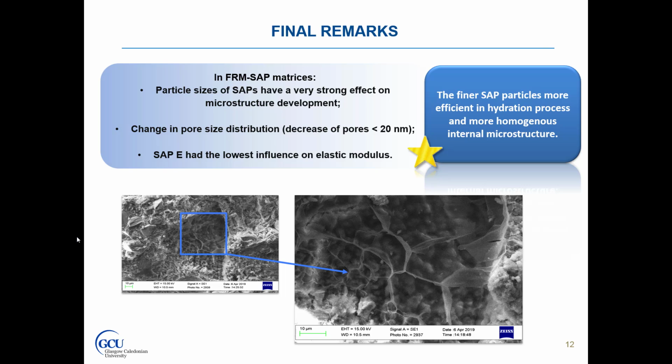Both MIP and SEM confirm the positive effect of finer particle size on absorption characteristics of SAP E. After the second week, the number of smaller pores under 20 nanometer was reduced in SAP mortars, and this effect is more evident for the SCM samples with SAP E. SAP E had the lowest influence on elastic modulus, and we can conclude that finer SAP particles are more efficient in the hydration process and give more homogeneous internal microstructures.